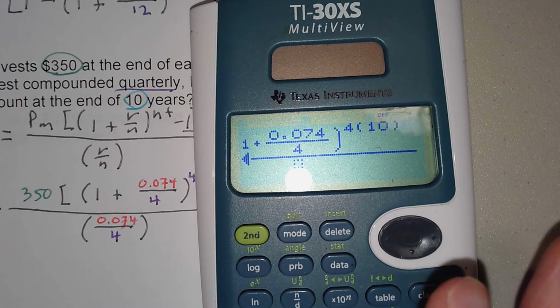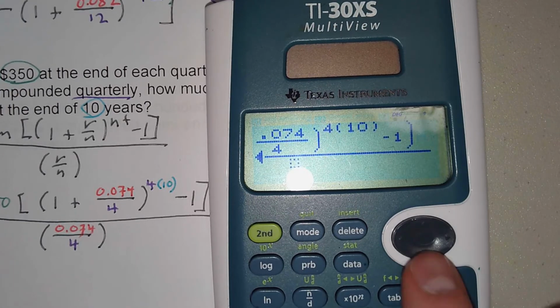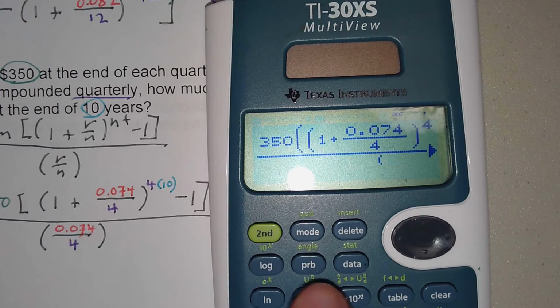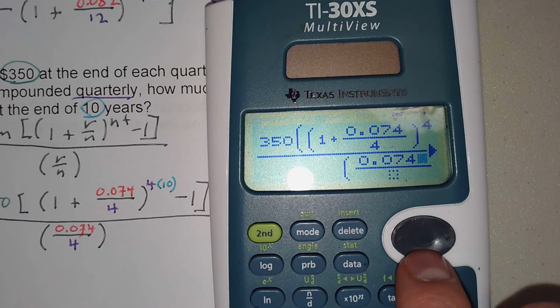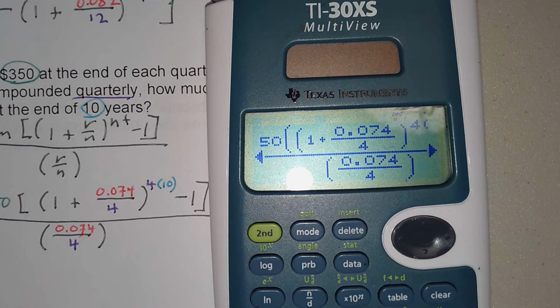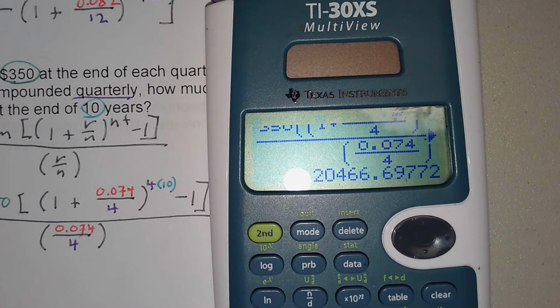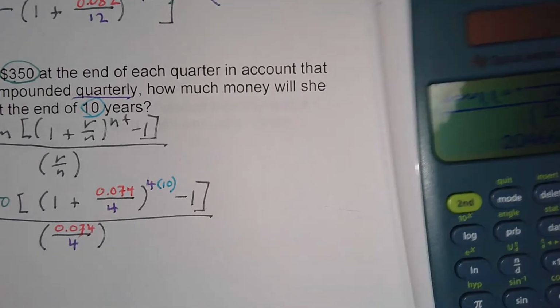Close it off. Hit our right arrow, minus 1. Close it off. Down arrow, parentheses, fraction key, 0.074 over 4. Then close off the parentheses. And then we hit enter. And that looks like about $20,466.70.